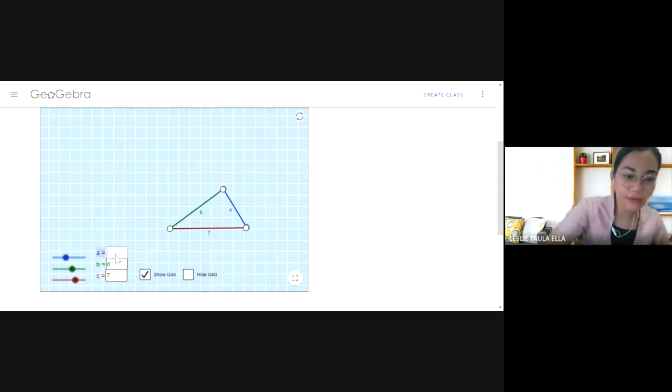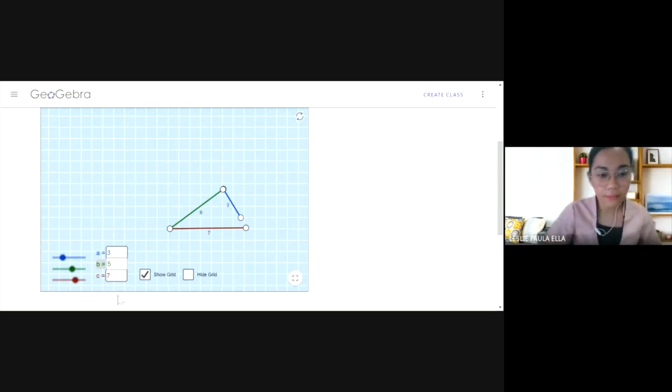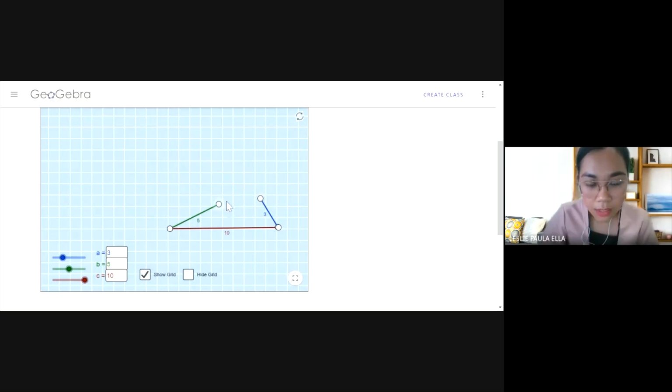How about if we have here 3, 5, and 10? Let's see if we can form a triangle. Let us first connect the endpoints.